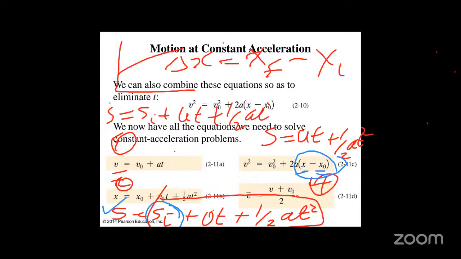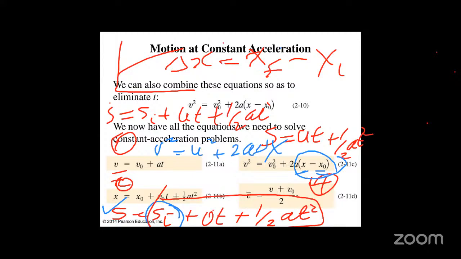So if I change this to v square is equal to u square plus 2a, I can write change in x. So it is still the same. That is displacement.